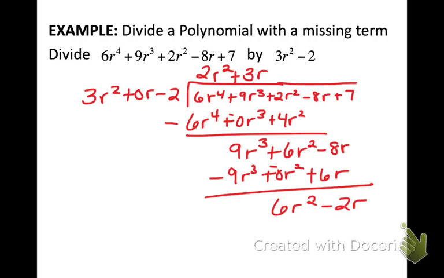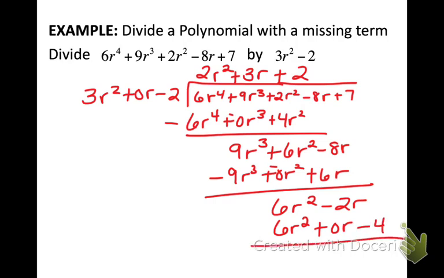Last time through. What do I need to multiply by? Wait, is that 0? No, 2. Yeah, just multiply by a 2. So multiplying through gets us 6r squared plus 0r minus 4.